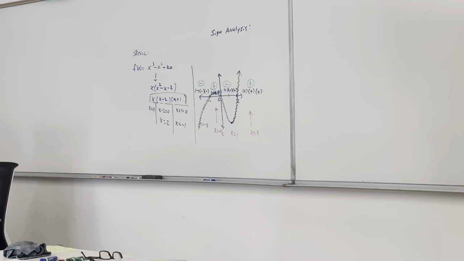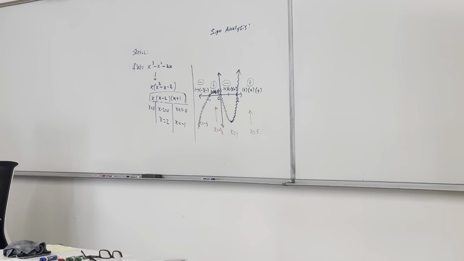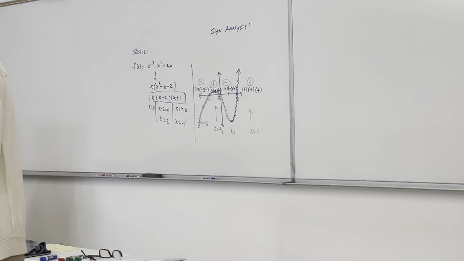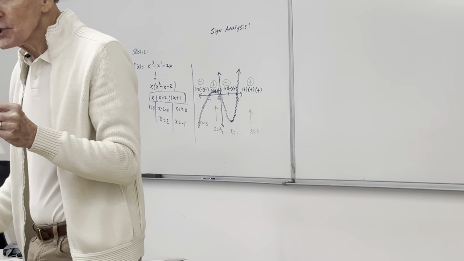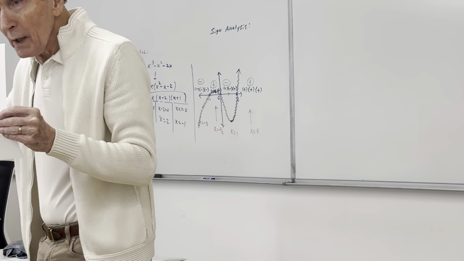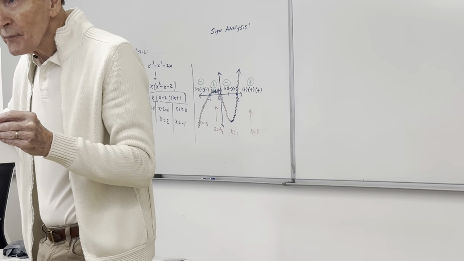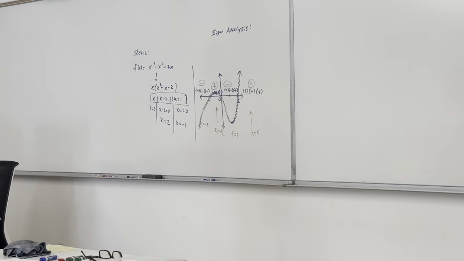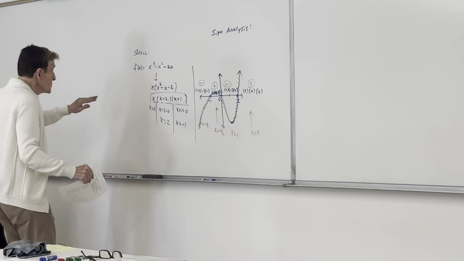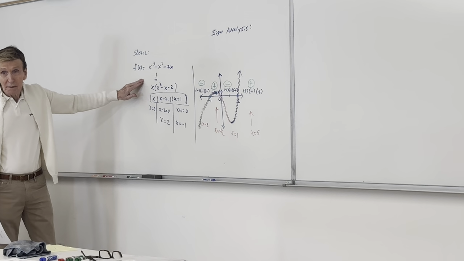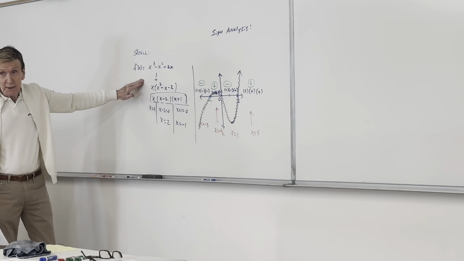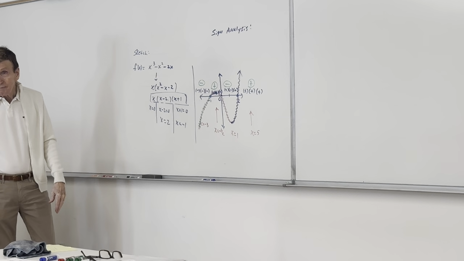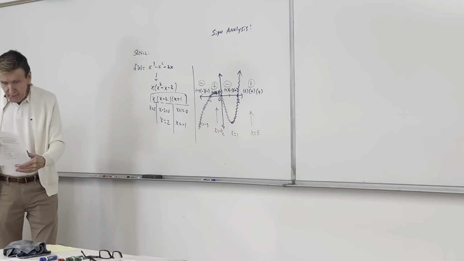Now, since I do have a graph on the board, before I start my work, would this graph pass the vertical line test? Could I draw a vertical line anywhere I wish and be ensured that there's only one point of intersection? Yes. That's a function. So before I even erase it, I may say, oh, that's why you use the notation. You can't use that notation unless you know for sure it's going to pass the vertical line test. And it did. So that's why I use f of x.